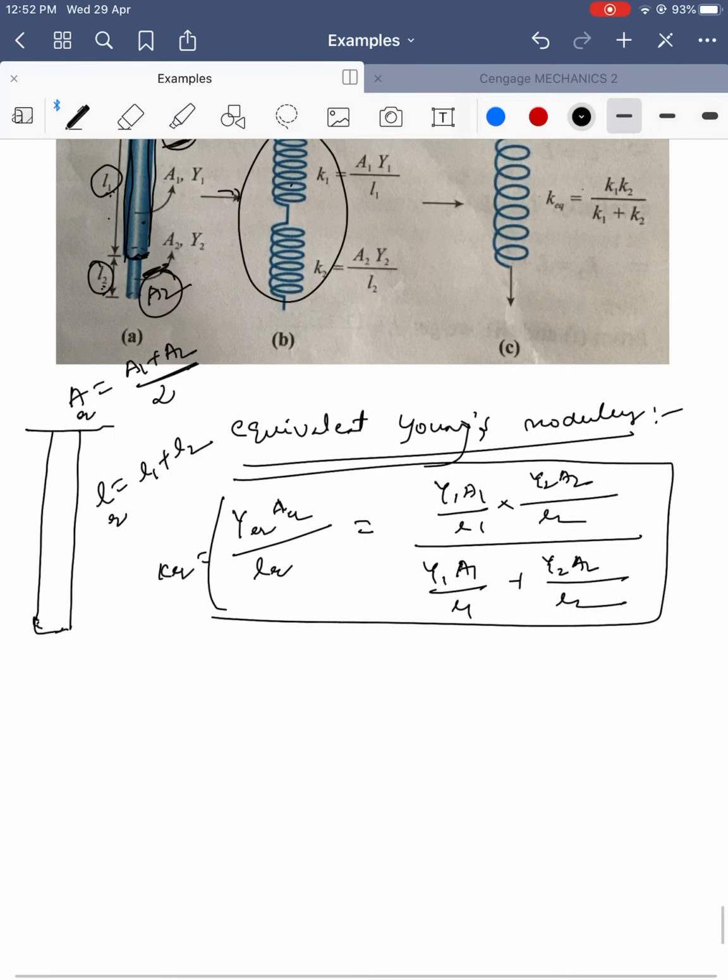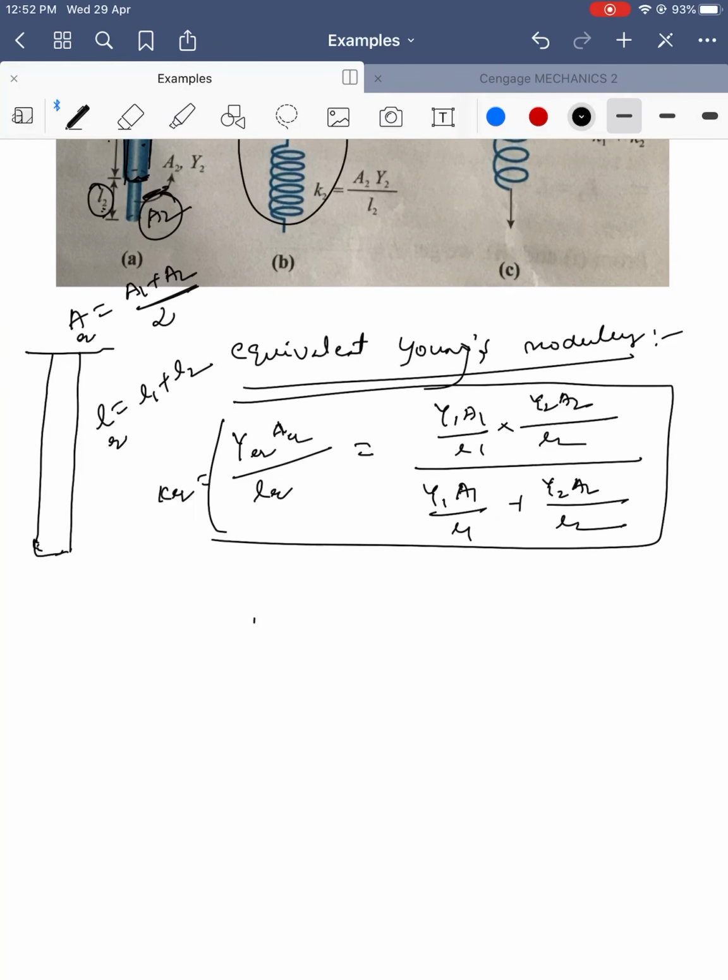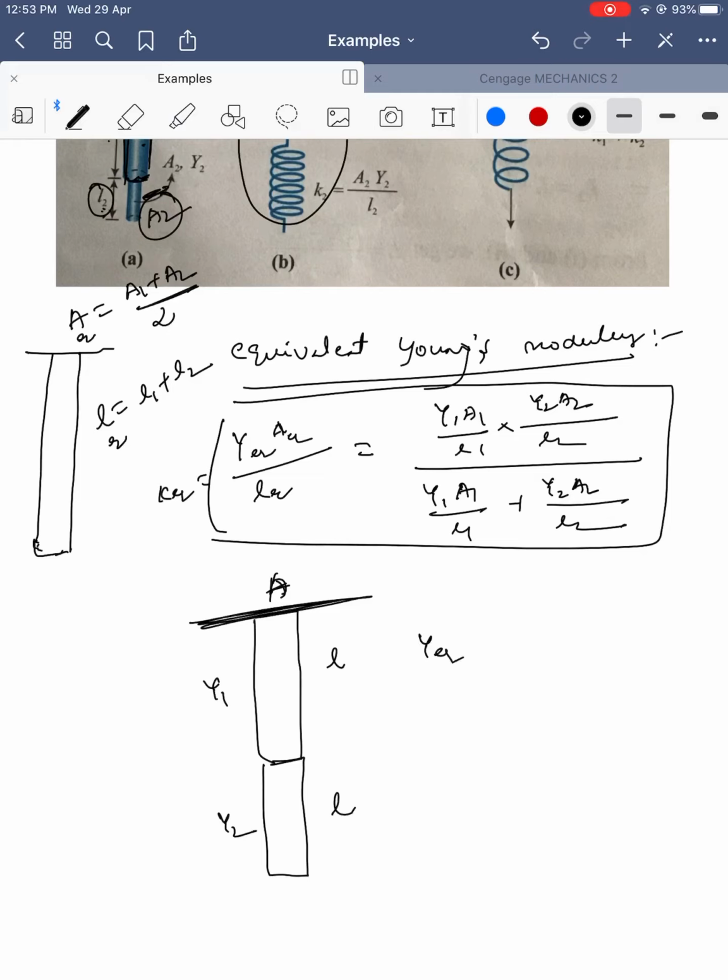As of now I am considering a simple example. I am considering two rods connected like this. Each length is L, both have the same length, and each area is A. The Young's modulus of the first material is Y1, and of the other material is Y2. Find the equivalent Young's modulus, Y equivalent.